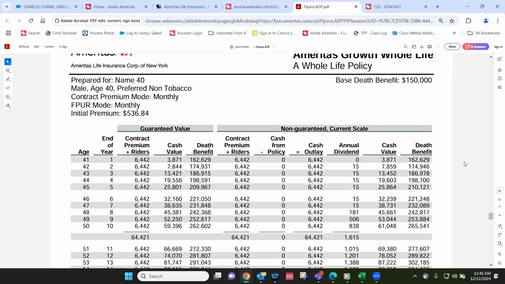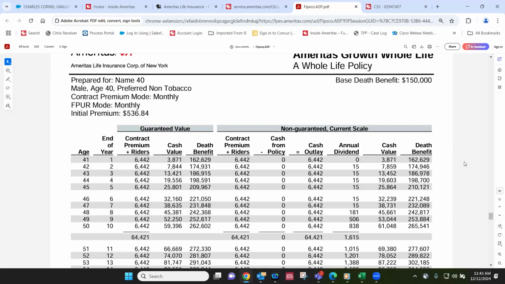Okay, with IUL, does the increasing death benefit mean that the net amount at risk increases as well? This is what's funny. It should be level, because when you have your definition of option B, it's the death benefit plus the account value.